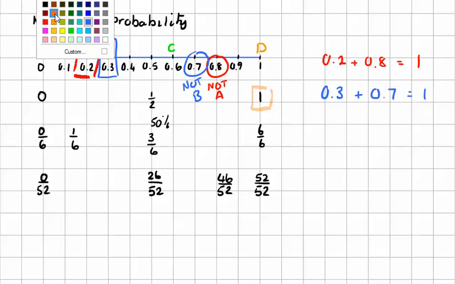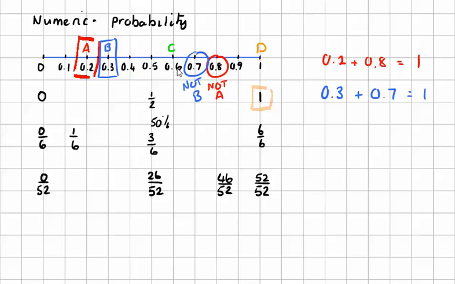If I did A dash, that's fine as well. If we then look at C, the probability of C happening is 0.6, so not C is? Tabitha? 0.4. So 0.4 is not C, because 0.6 plus 0.4 equals 1.